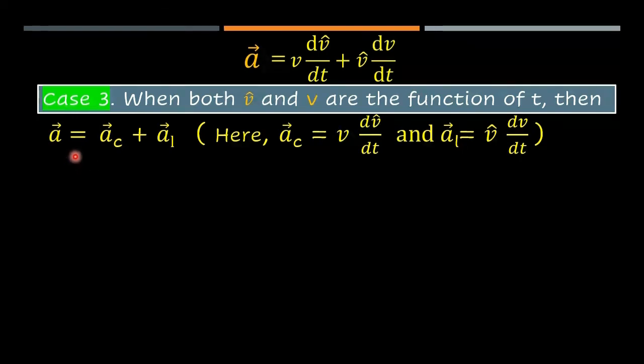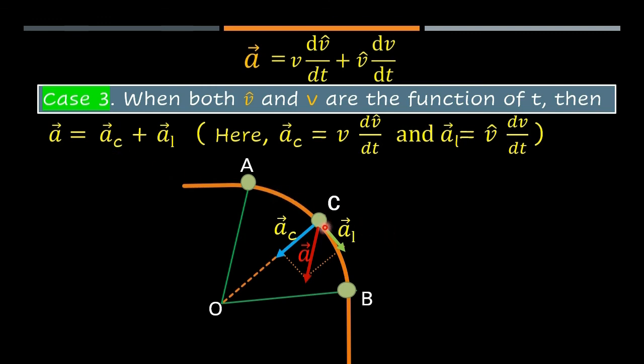Now to find the directions of the vectors, let us take the help of a diagram. Here C is any arbitrary position of the object moving through the curved path AB, and the linear acceleration is denoted by a tangent vector drawn at the point C, and the vector for the centripetal acceleration is denoted by this blue vector, which is directed towards the center of the curved path AB.